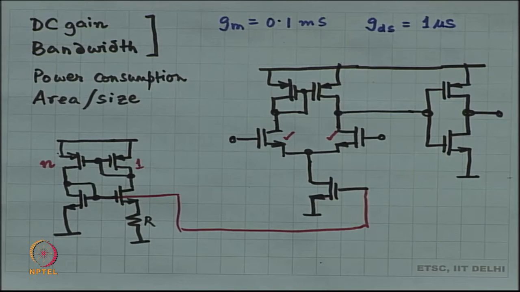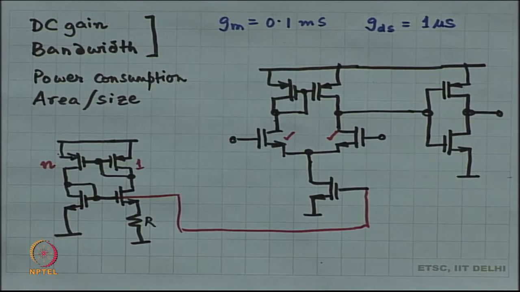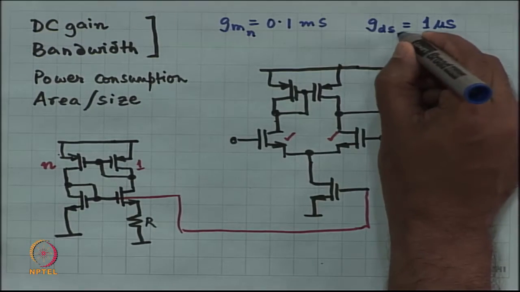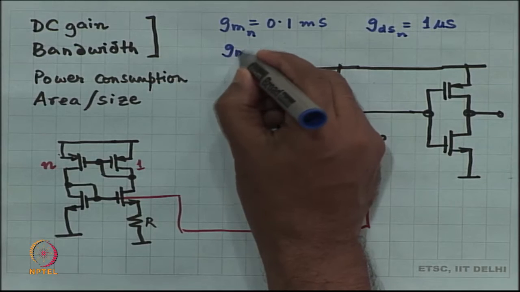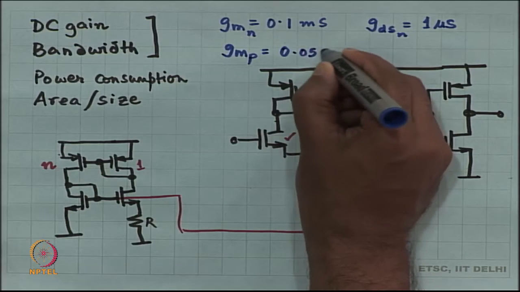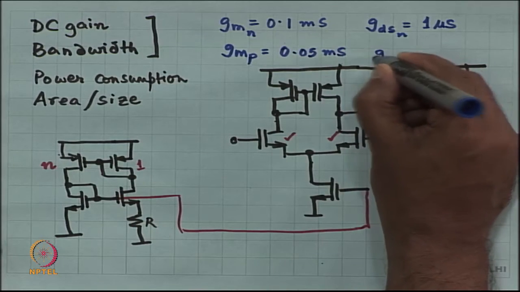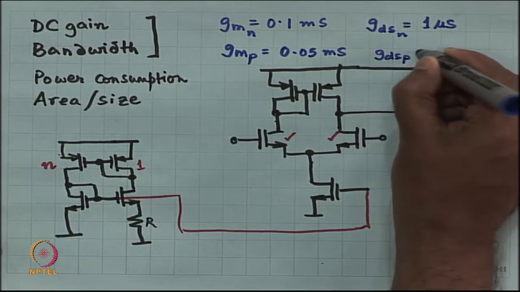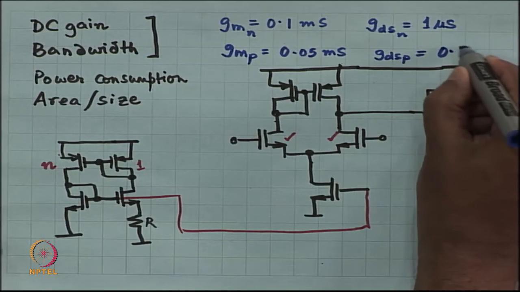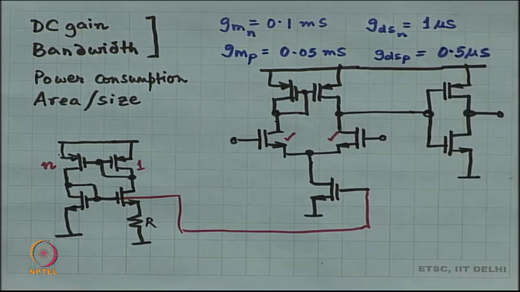And at the same time for the same size of the MOSFET, suppose the PMOS will have a GM and correspondingly GDS is 0.5 microsiemens, okay, for the same size of the NMOS.